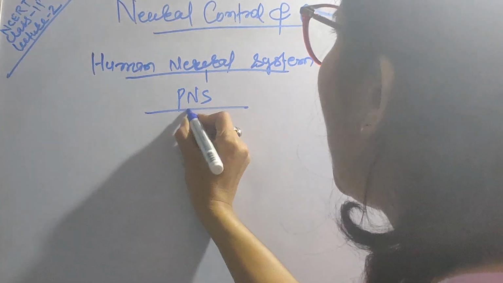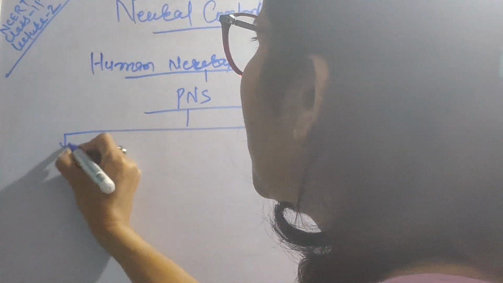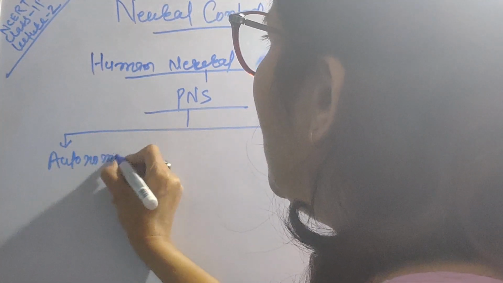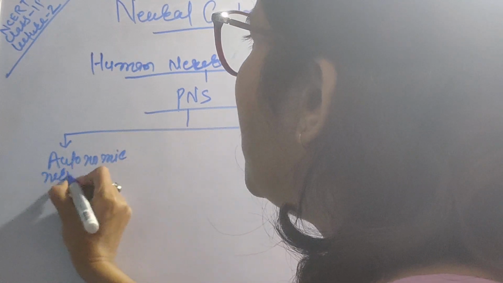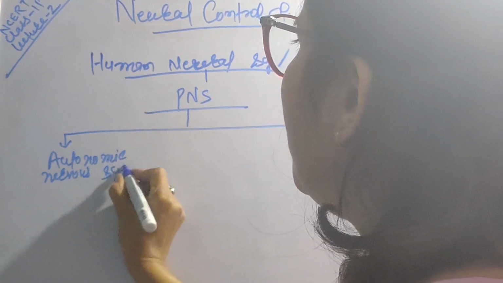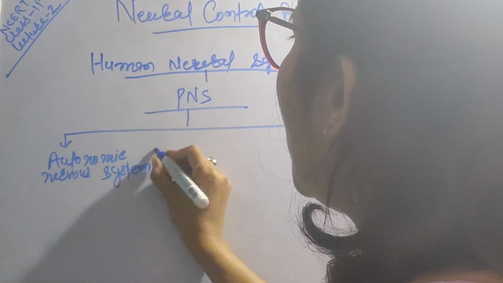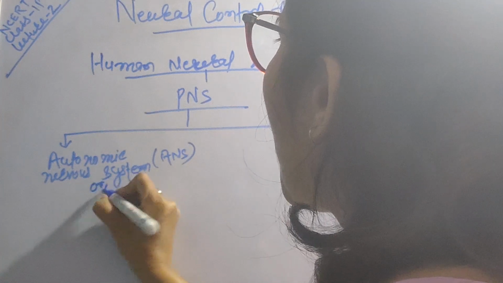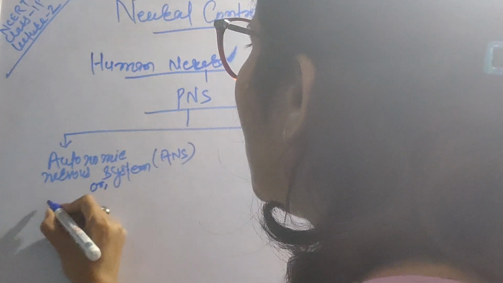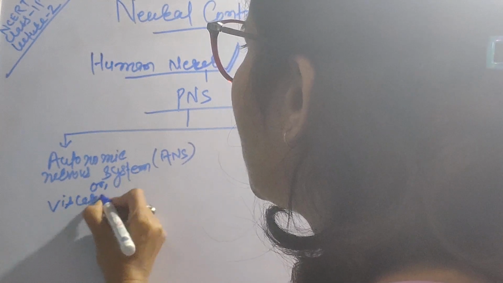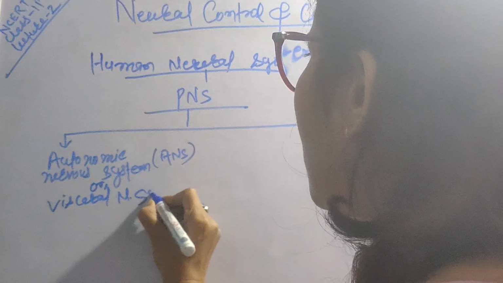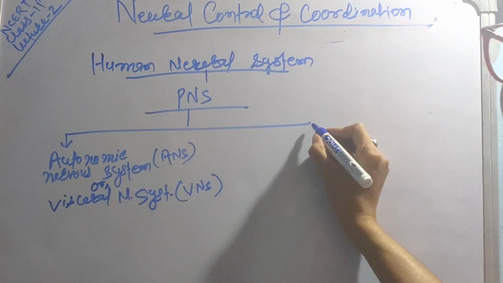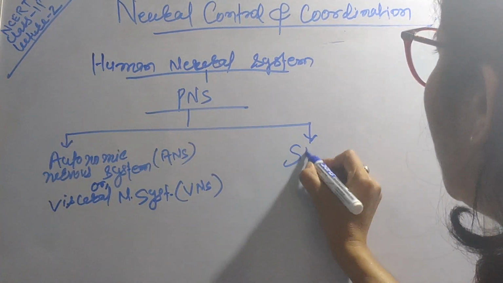This is PNS divided into the autonomic nervous system or ANS, also called the visceral nervous system or VNS. Then there is the somatic nervous system, that is SNS.